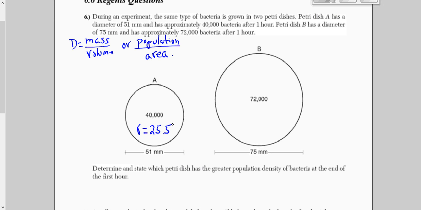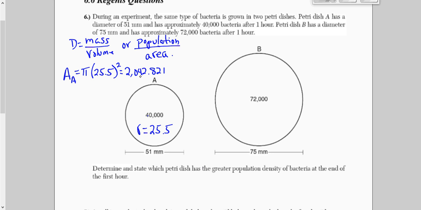So the area of circle A is pi r squared, pi times 25.5 squared, which equals about 2,042.821. Now let's get the density for A. Density is the population of A, 40,000, over the area of the circle.